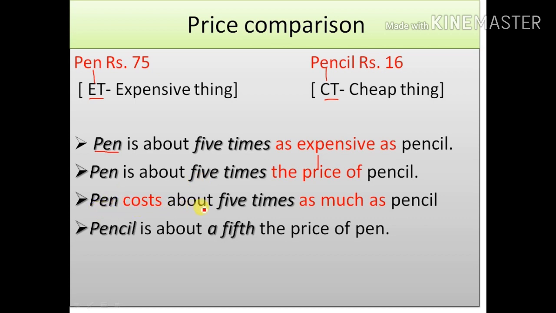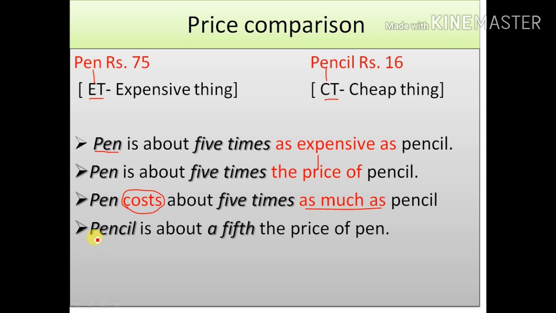Or pen costs about 5 times as much as pencil. So here instead of is, if we use the verb cost, we have to use as much as instead of as expensive as or the price of. So here pen costs about 5 times as much as pencil.